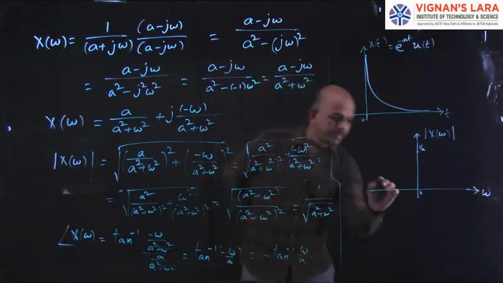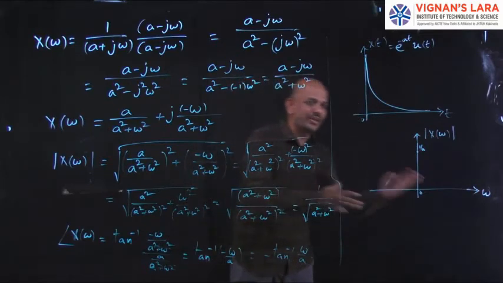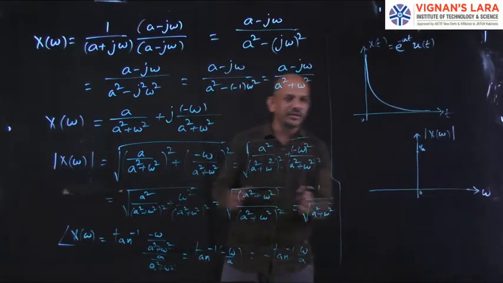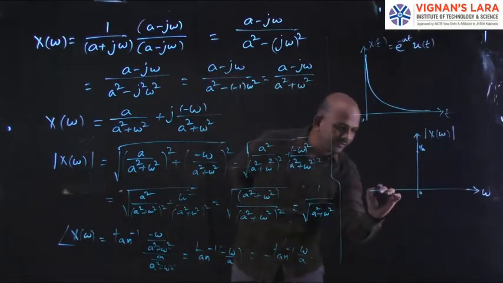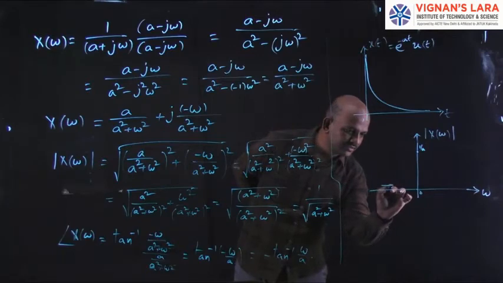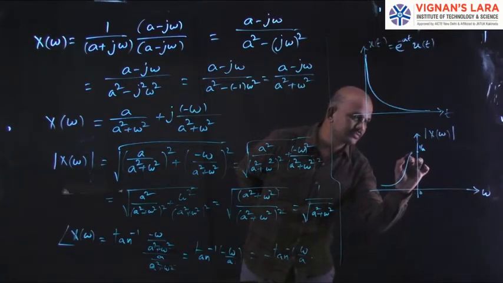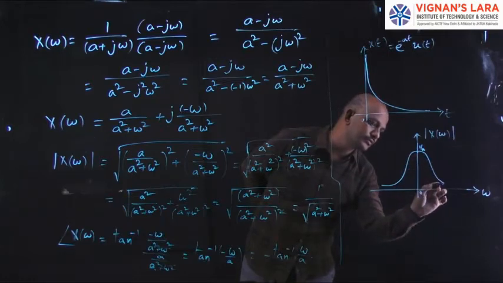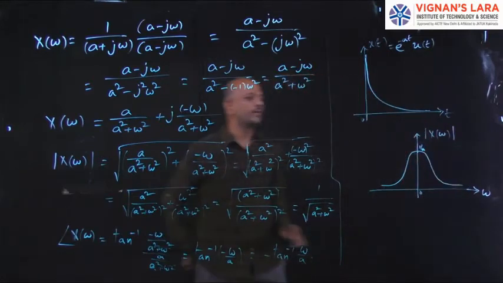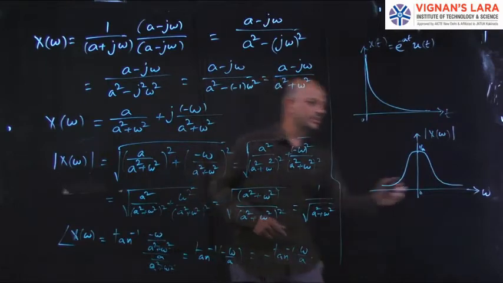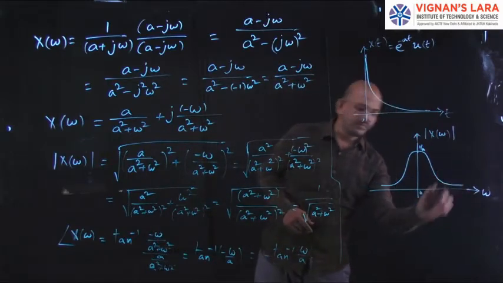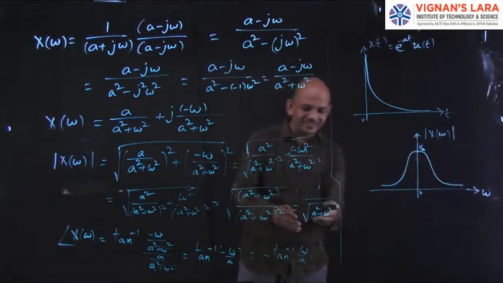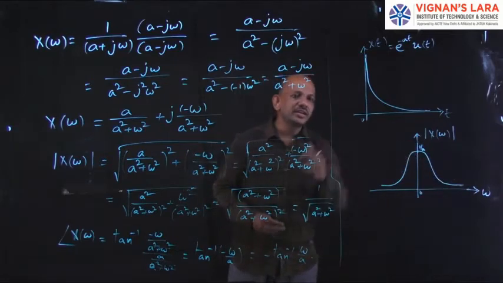So in this way, if you substitute some positive values and some negative values for omega, you can get the graph like this. This is the shape of the graph. So for various positive values of omega the shape will be like this, and for various negative values of omega the shape will be like this.